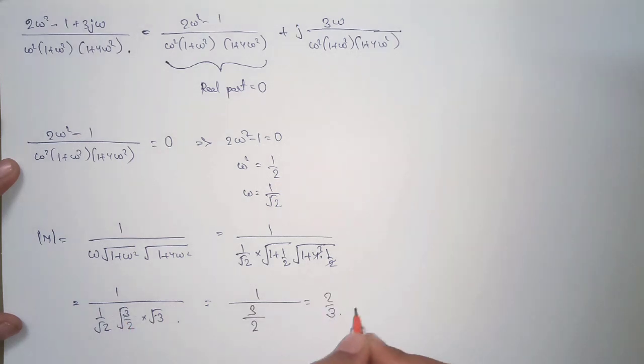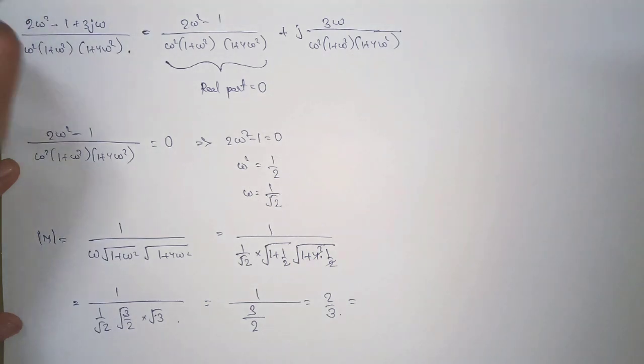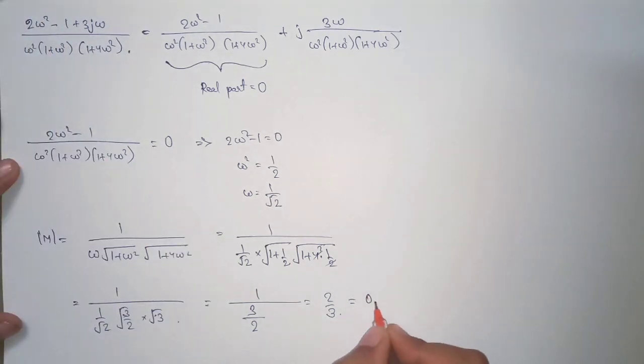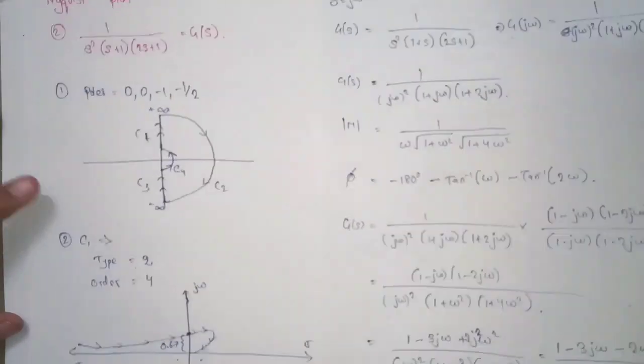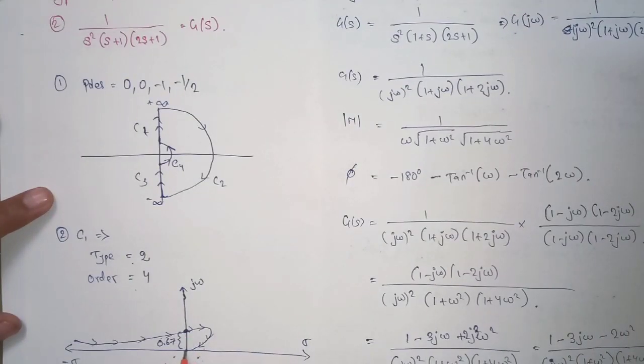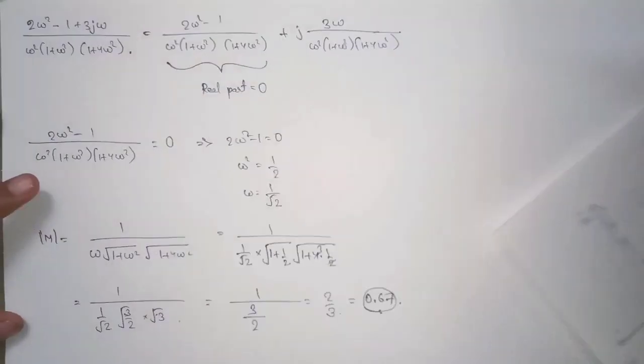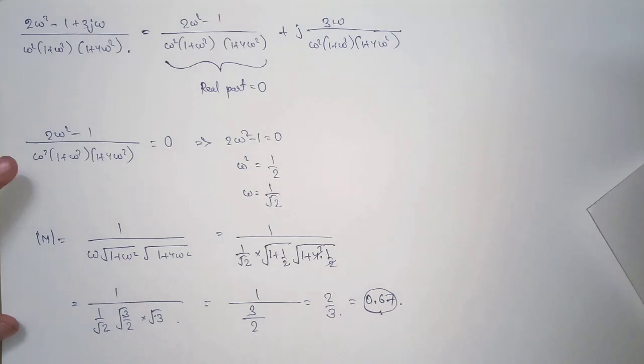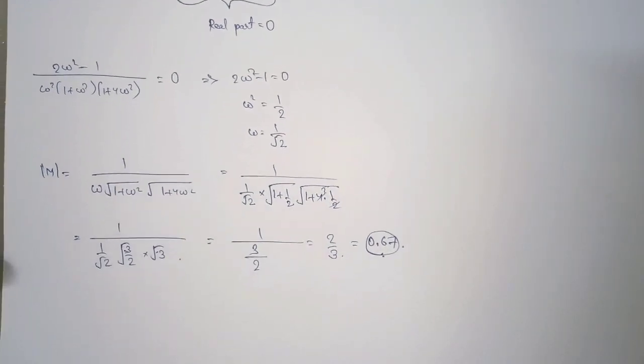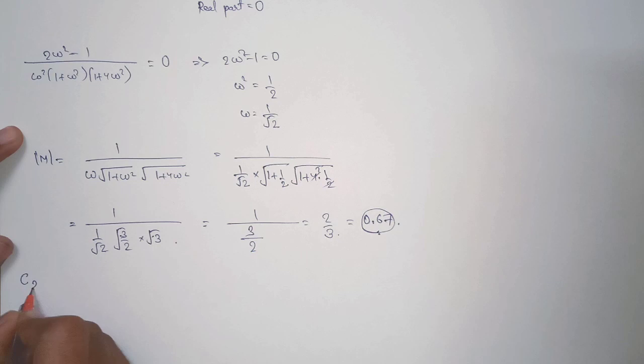So we'll get 2 by 3, and 2 by 3 is equal to 0.67. So this is the distance of the point of intersection on the imaginary axis from the origin. Now as we have got this, we will go to the next step, which is to calculate C2.